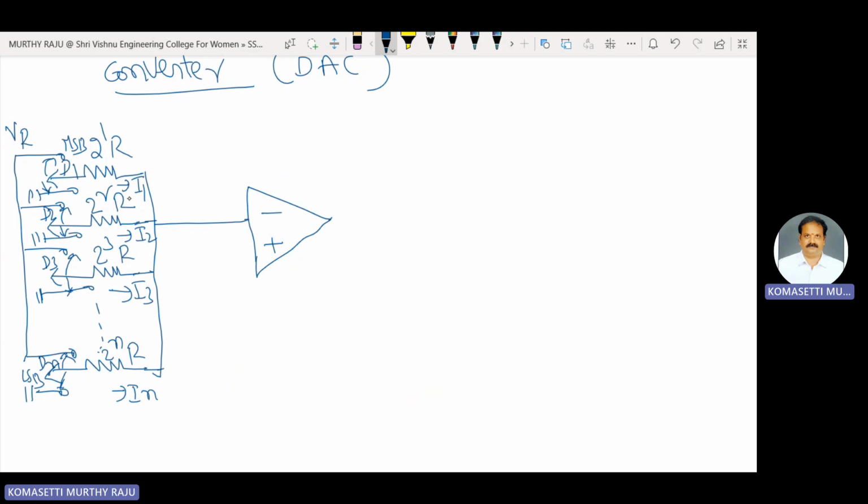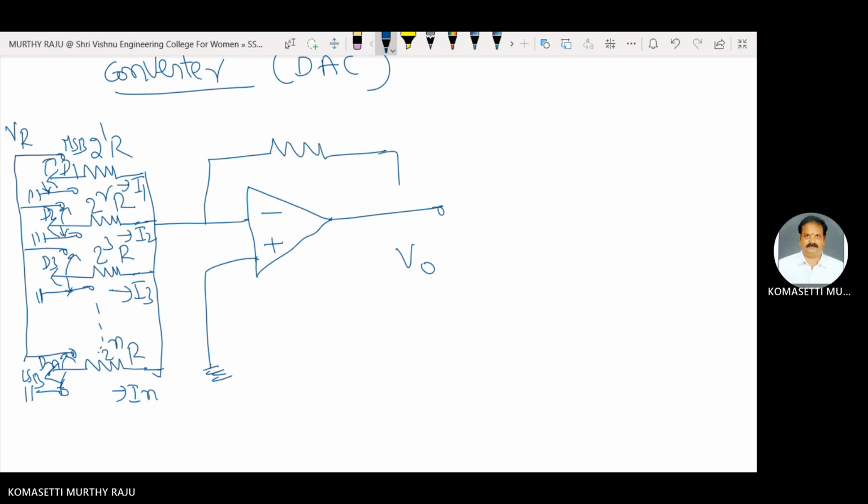In the circuit diagram, this weighted resistor network is connected to an op-amp. This one is V0, with feedback resistor RF and feedback current IF. The non-inverting terminal of the op amp is connected to ground.